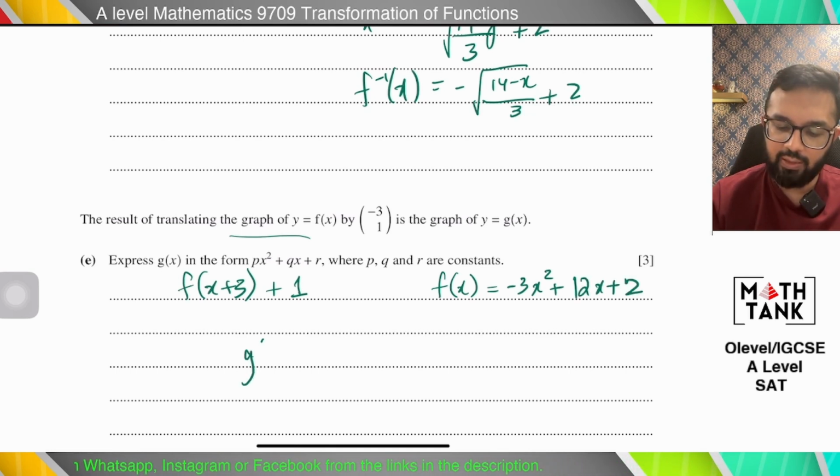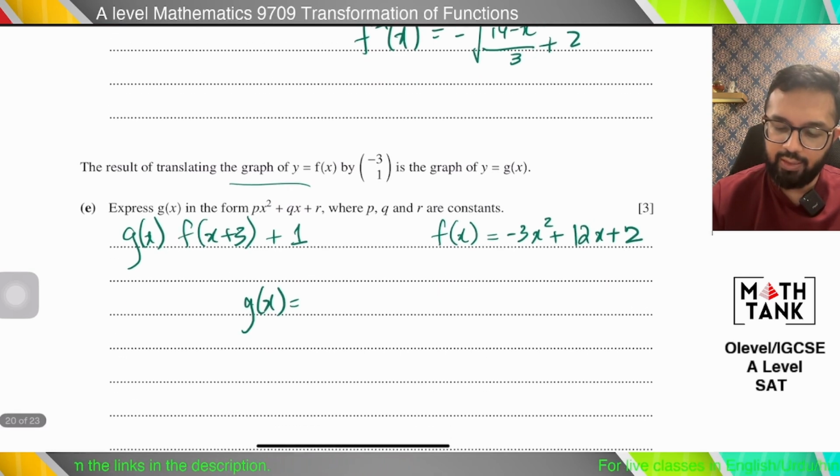Okay, so g of x is then every x needs to be replaced with x plus 3.